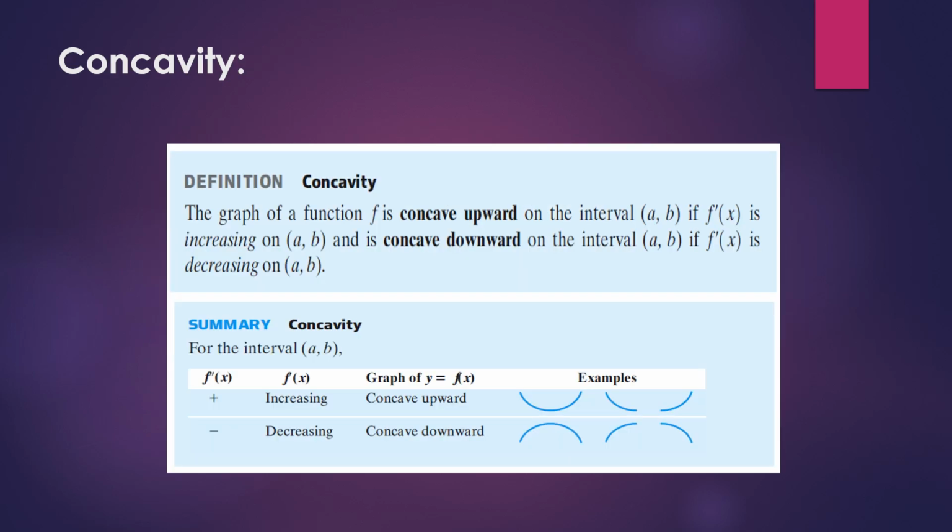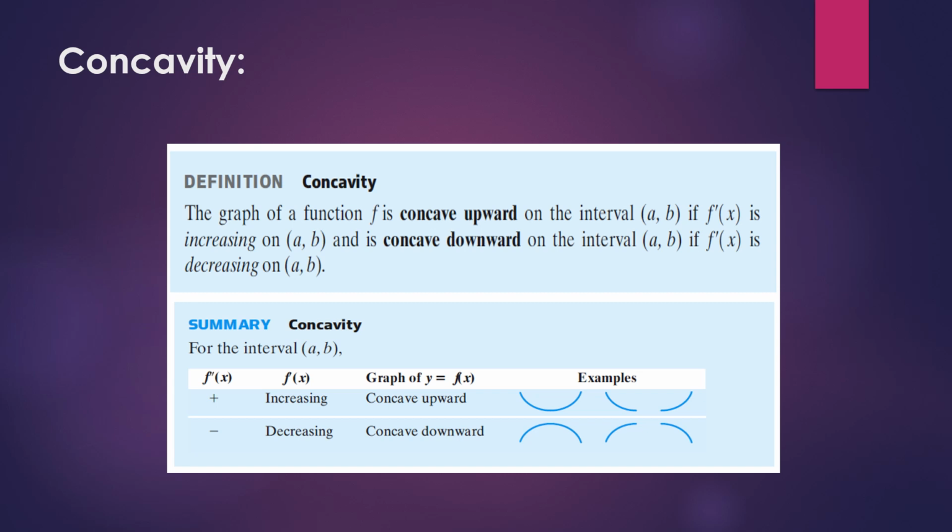So the second derivative is used frequently when we're talking about concavity. So we say that a function is concave up on an interval from a to b if f prime is increasing on the interval from a to b, and it is concave down if on the interval from a to b f prime is decreasing.